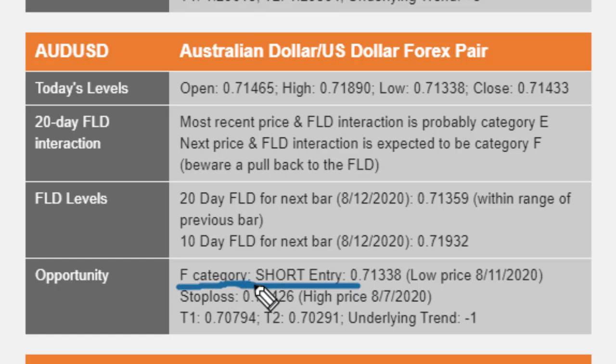So the point about this question is that 2 days ago Hurst Signals was recommending a short entry, and it was an F category short entry, and now 2 days later is recommending a long entry.